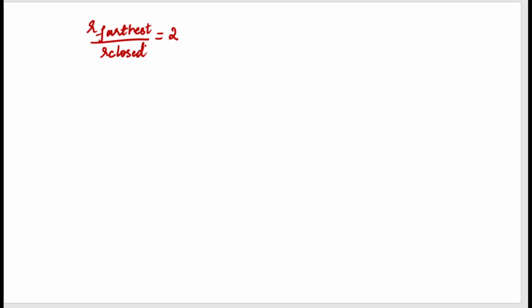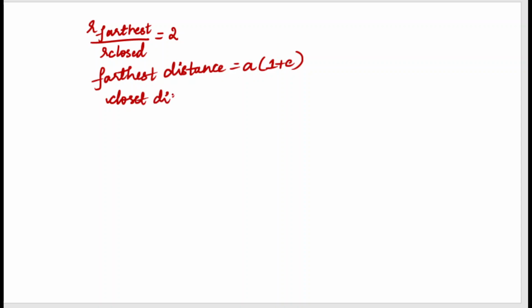From the formula, the farthest distance is given by a into 1 plus e, and the closest distance is given by a into 1 minus e.